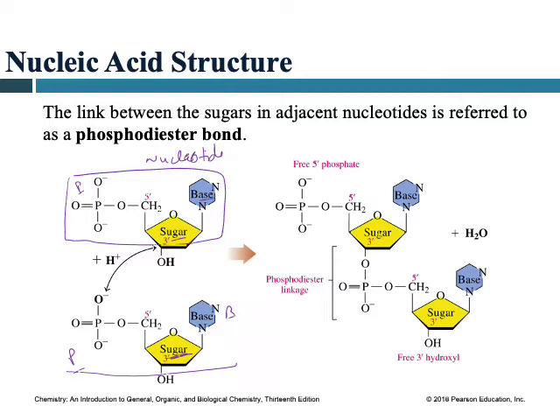So what's the reaction? The 3' end of the sugar, the third carbon of the sugar, and the OH attached to this sugar is going to react with the phosphate from the second nucleotide, right, in the presence of acid or H+ ion. So what's gonna happen?